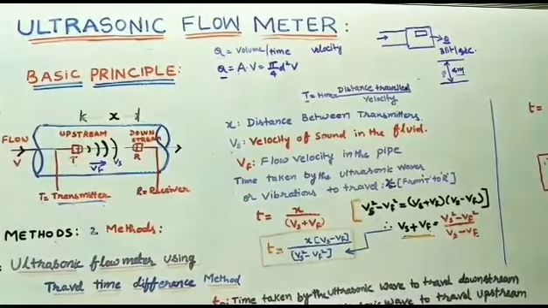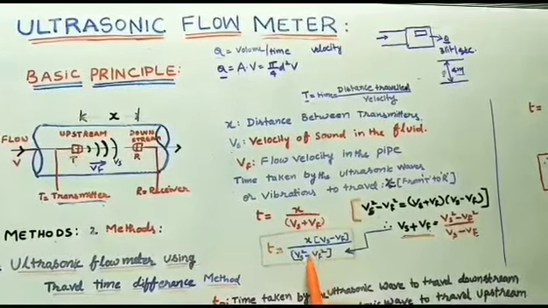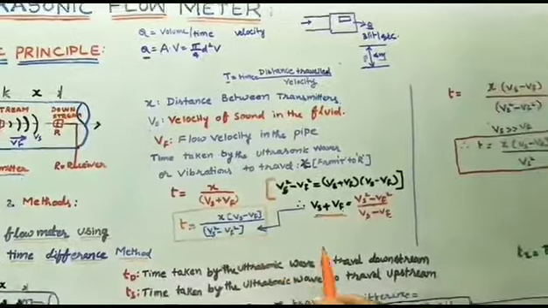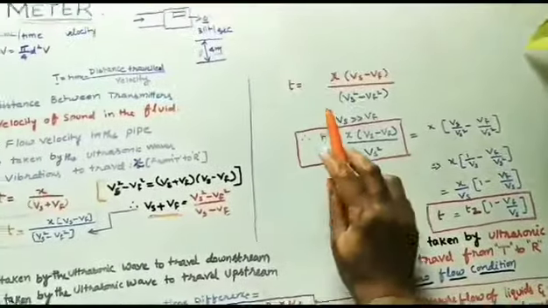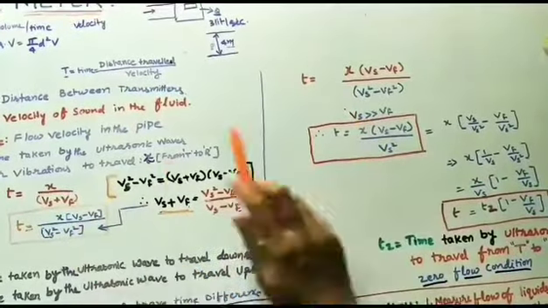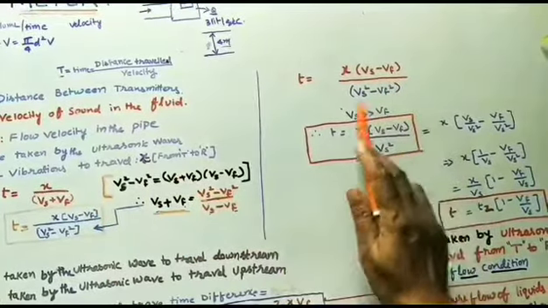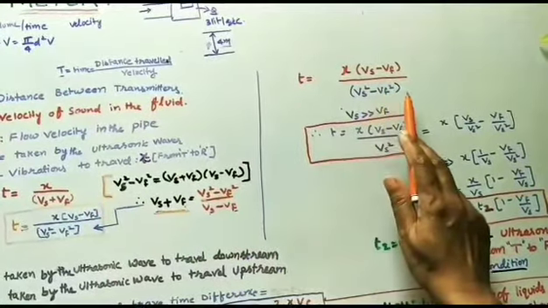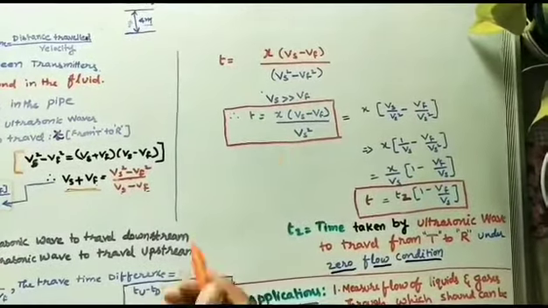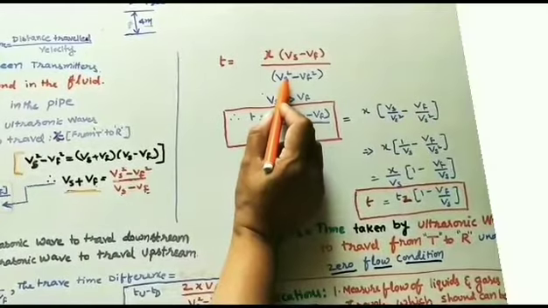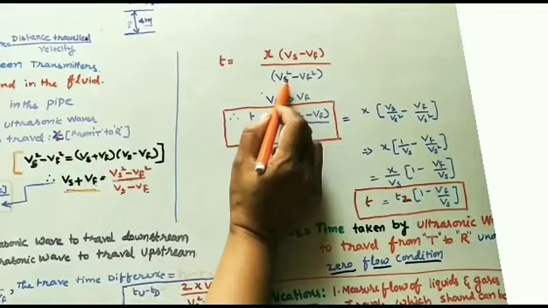Now I will explain why I am taking this formula in terms of squares. Here I have written the same thing: t is equal to x into Vs minus Vf, over Vs square minus Vf square, correct? We know sound travels at very high velocity.